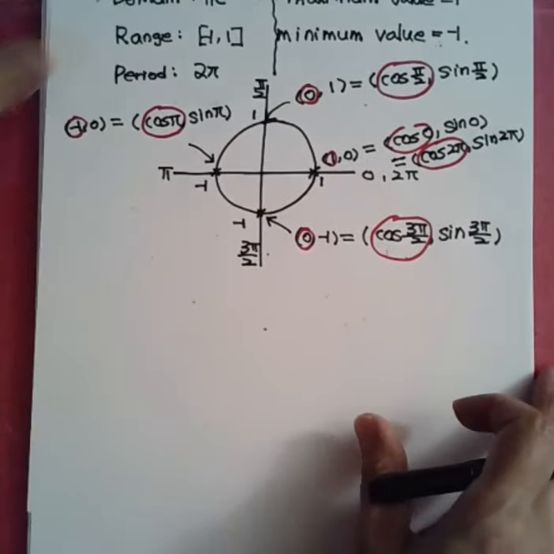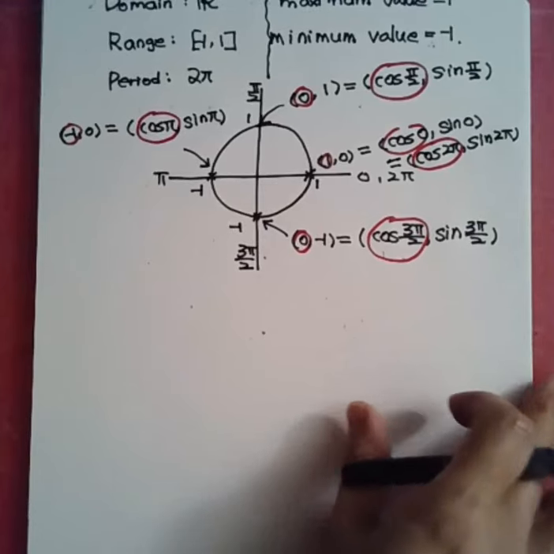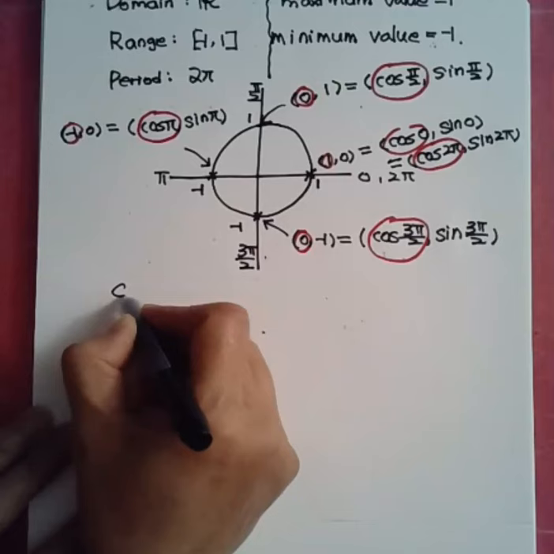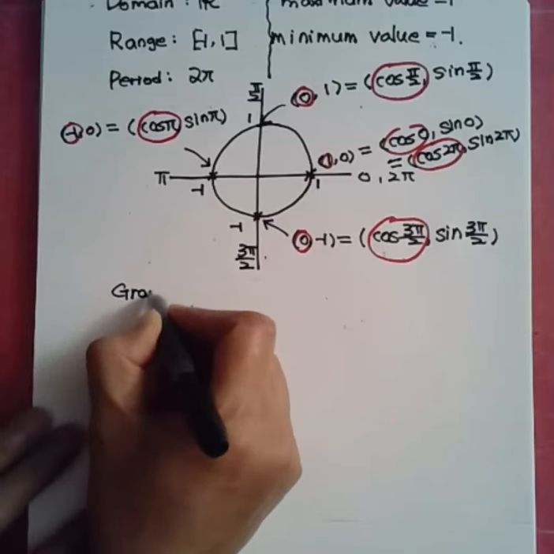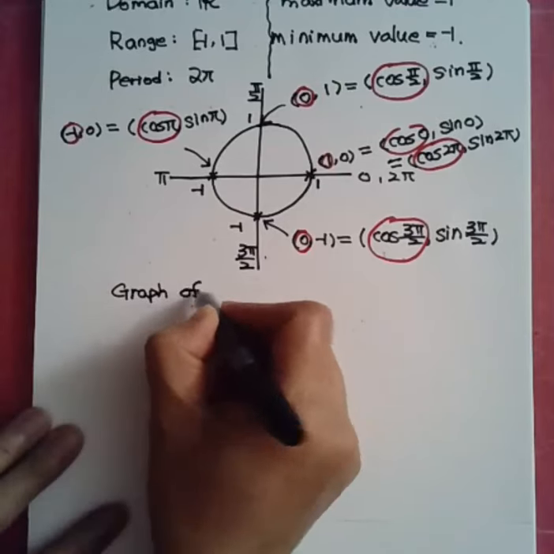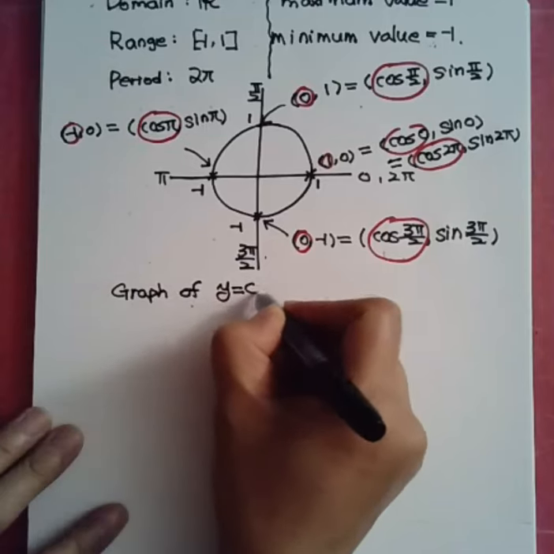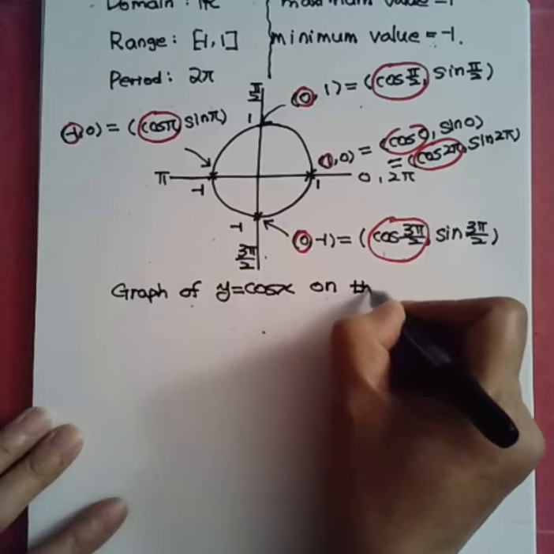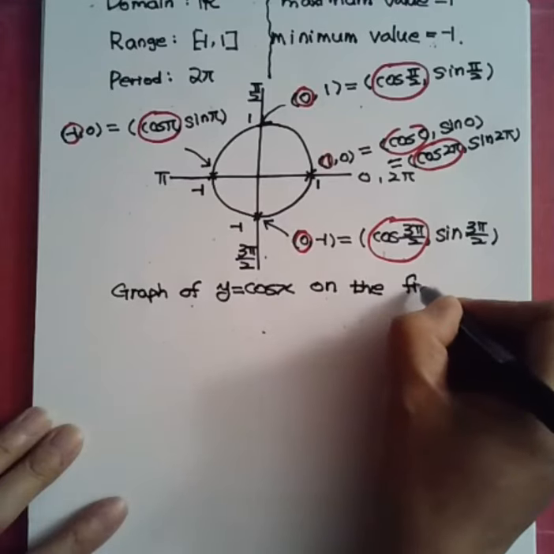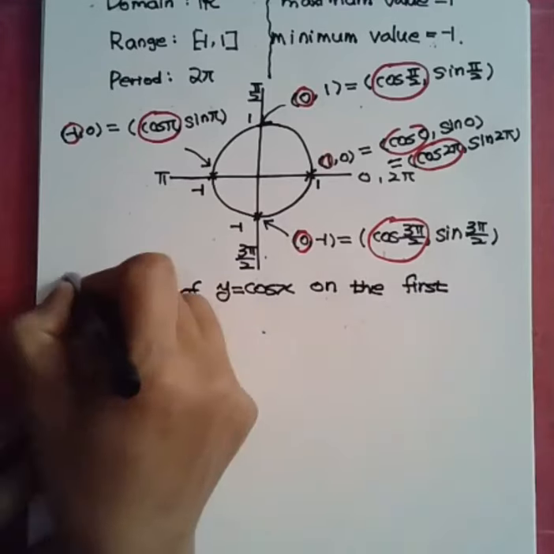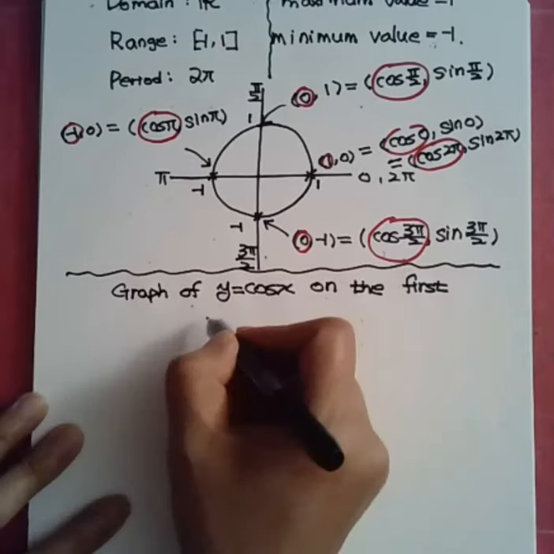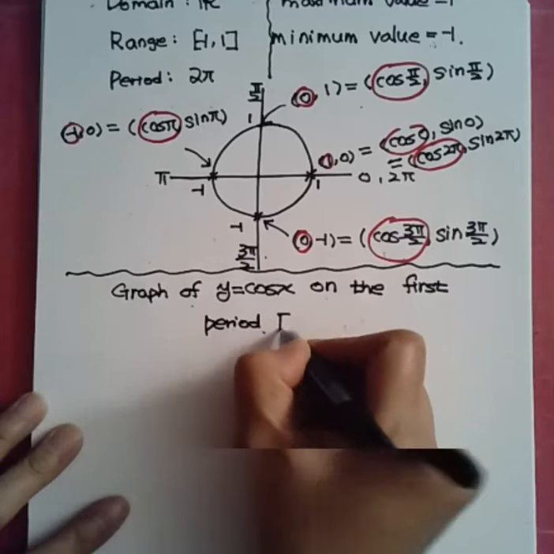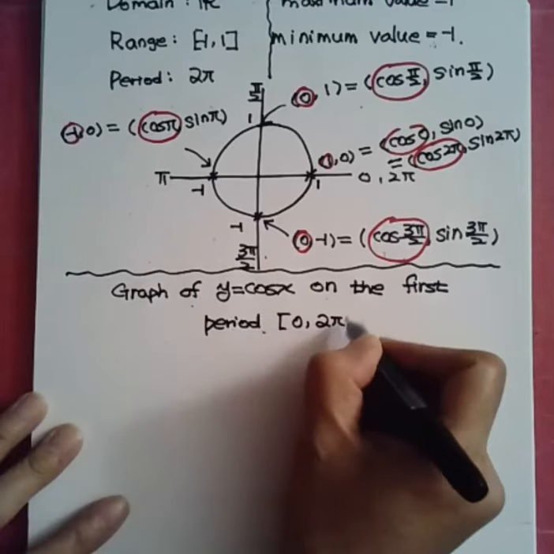By using this information, let's draw one period of the cosine function. Graph of y equals cosine of x on the first period from 0 to 2 pi.